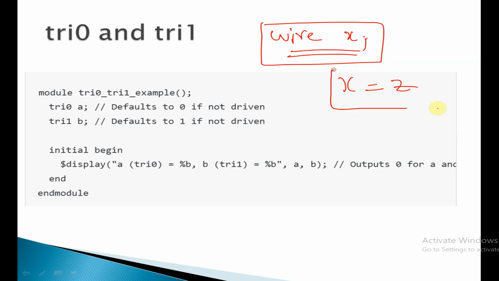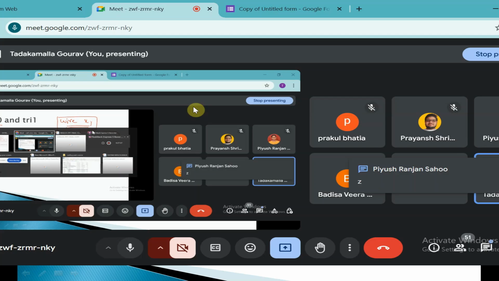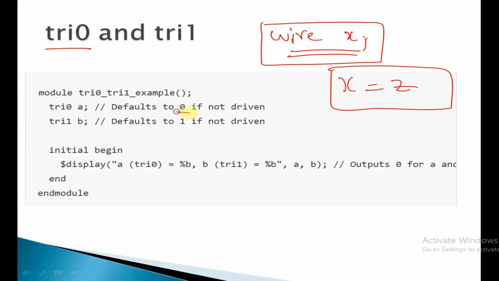But in the case of tri0, the default value will be equal to 0 if it is not driven. So if you use the keyword tri0 data type with a variable, tri0 a, then the default value will be equal to 0. If we haven't driven any value to this particular variable, the default value will be 0, since we have declared that data type as tri0.